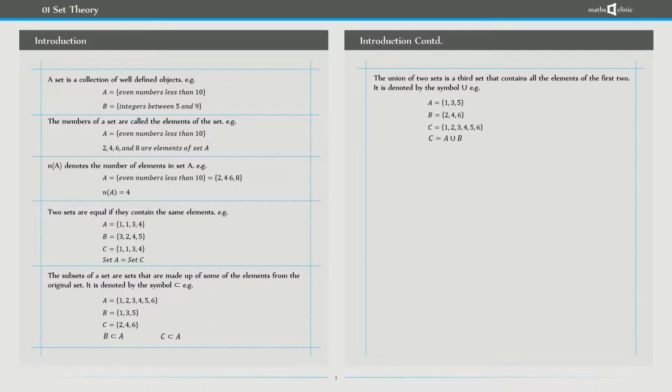So set C is A union B. Bringing the two sets together, unifying the two sets.